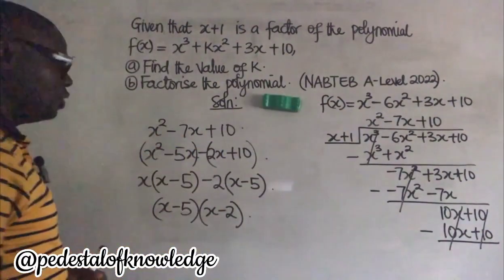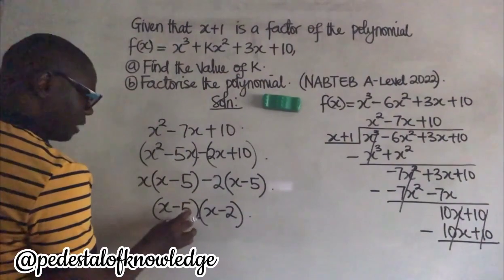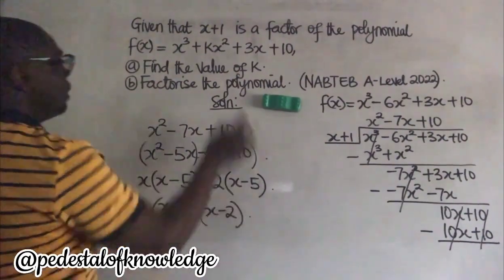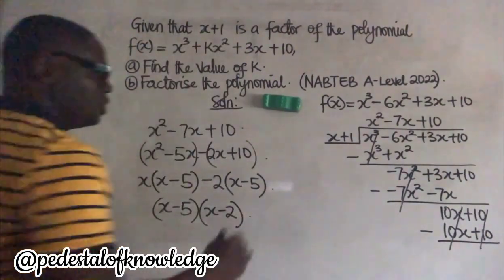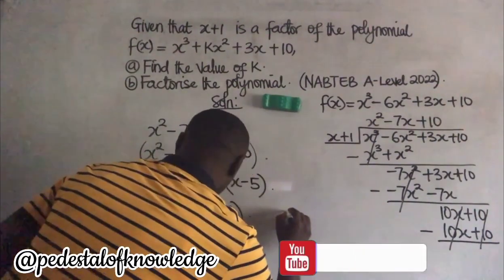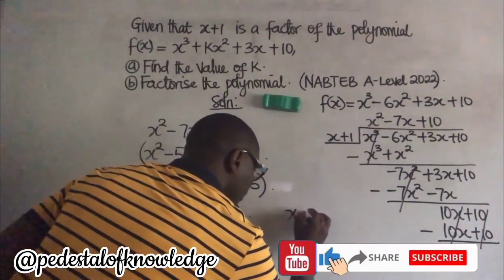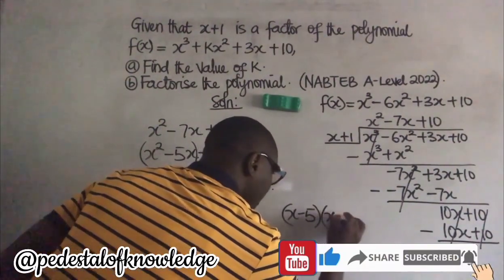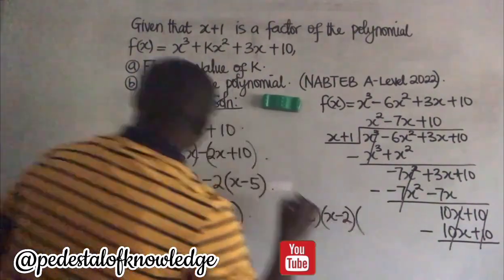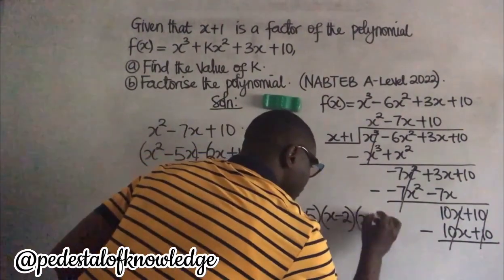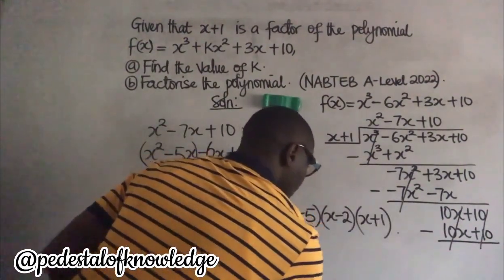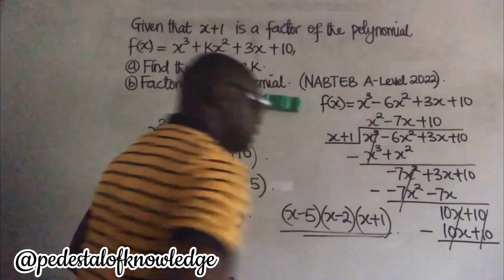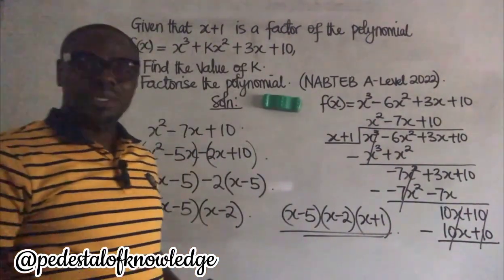So when we factorize the polynomial, we are going to multiply this factor by this factor together with that one that is given to us. So finally, we are now going to have x minus 5 into x minus 2 into x plus 1. So we have succeeded in factorizing the polynomial.